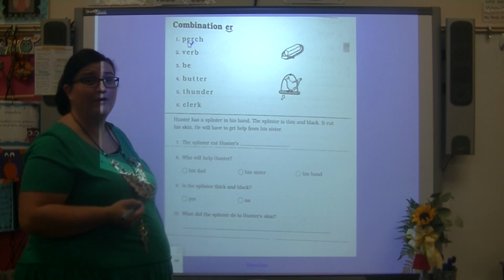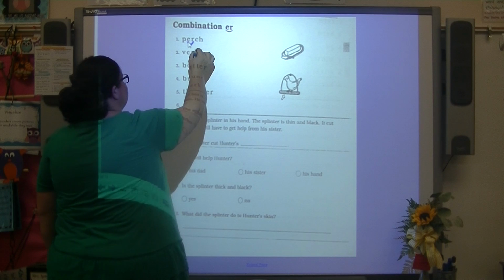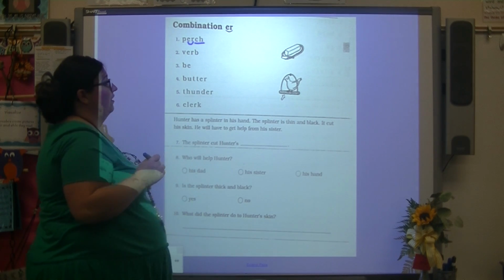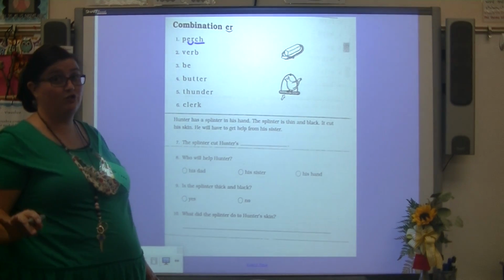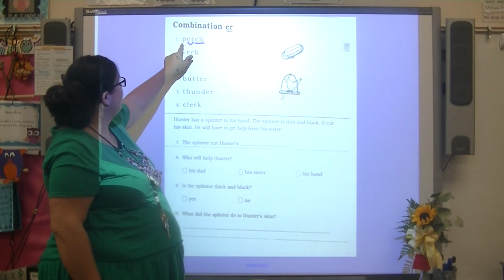How do we code a digraph? We underline it. Alright, remember most of the time CH says ch, so we're going to try that first and see if it works. Let's sound it out.